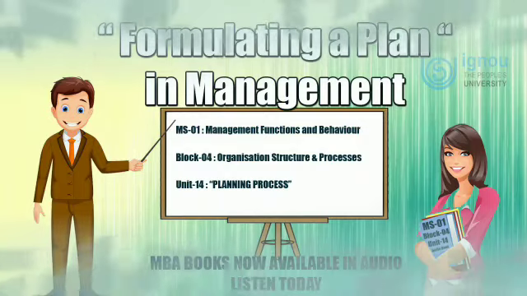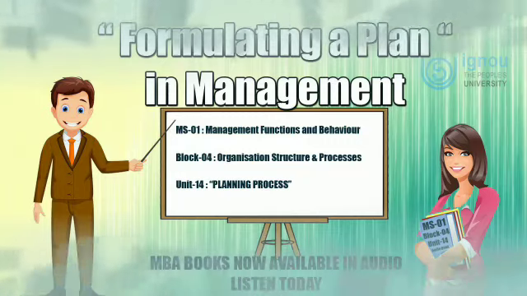Actually, in order to achieve the overall goals of the organization, a number of activities will have to be performed. Each activity has a separate program and a separate budget within the overall program and budget.